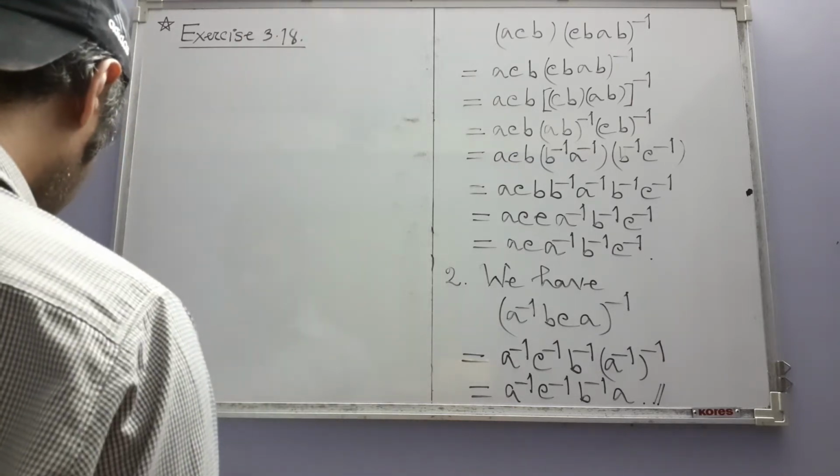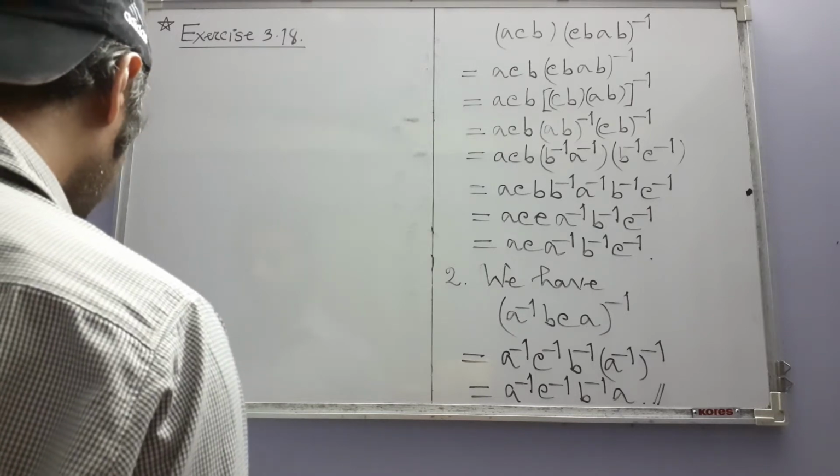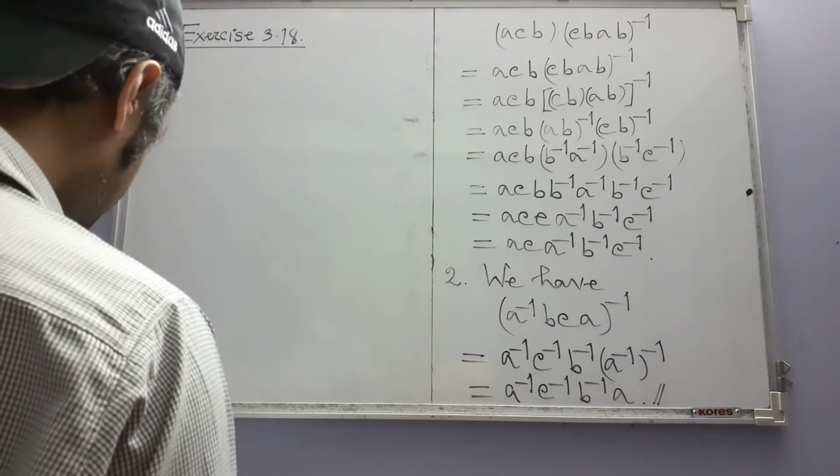So this is 3.18: repeat the preceding exercise assuming G is abelian.